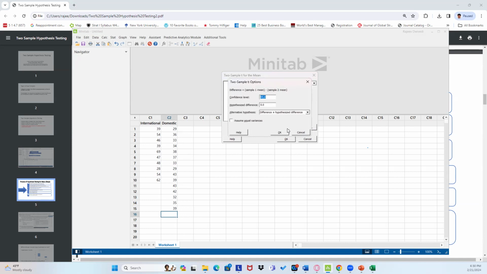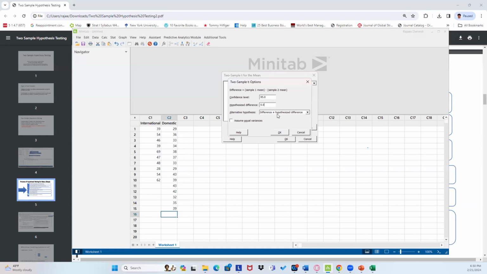And now we have the options. By default, the confidence level is 95. You can change it. Sample one mean minus sample two mean, so the difference is 0, meaning there's no difference. Then the alternative hypothesis; Minitab doesn't give you a null option, it always gives you the alternative.